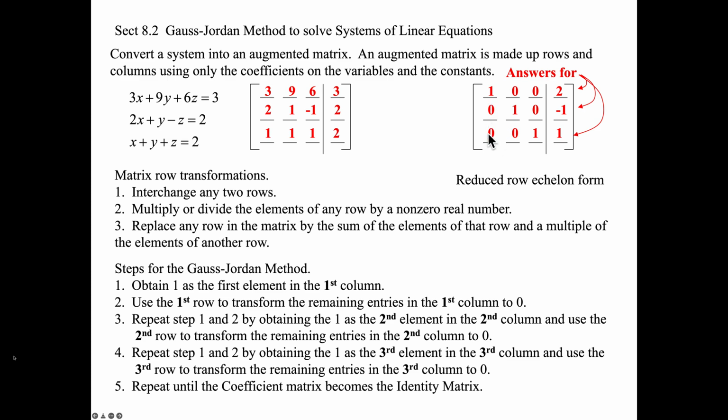And then he would cancel this x. So that's steps 1 and 2 right here. Obtain 1 as the first element in column 1. There it is. Step 2, use the 1 in row 1 to transform the remaining entries below in column 1 into zeros.